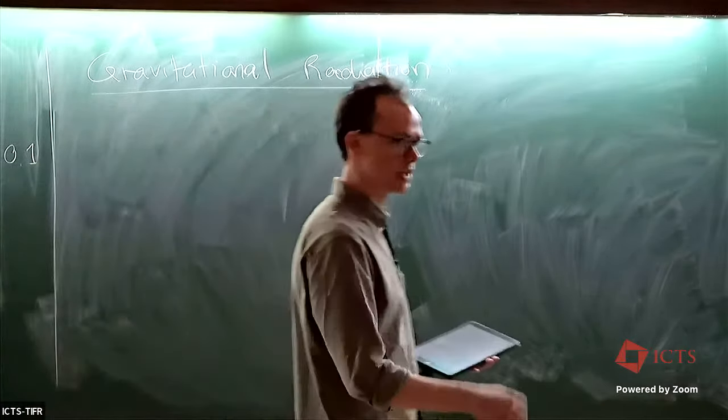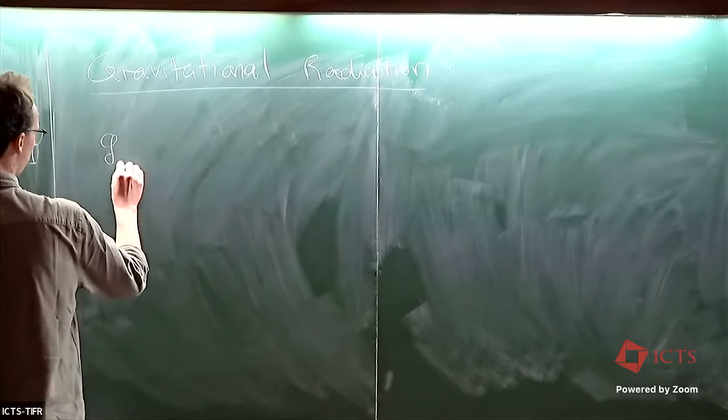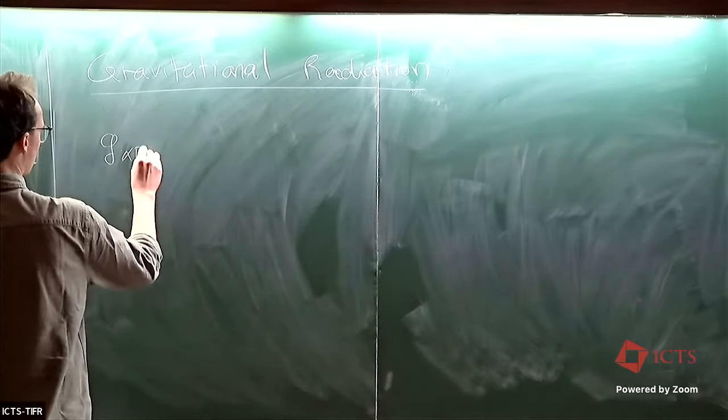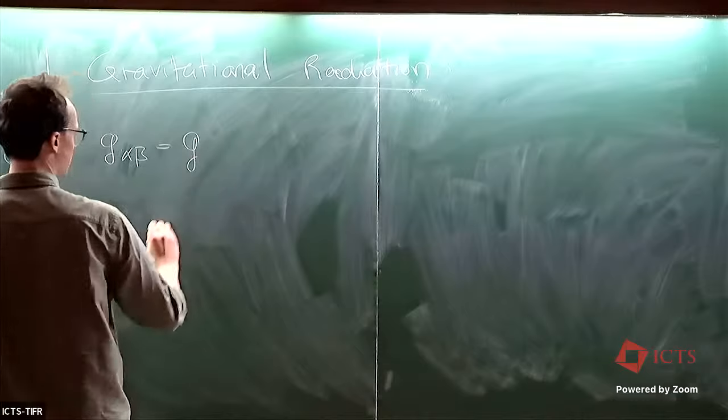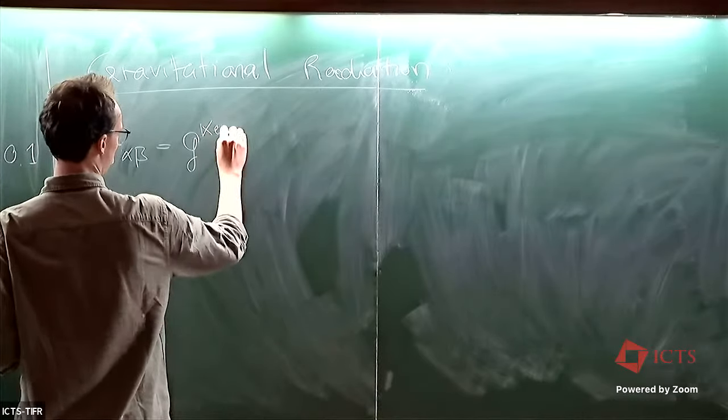On Monday, I introduced this perturbative expansion around the Kerr black hole that we are ultimately interested in. So I assumed that the space-time could be described at 0th order by the Kerr space-time.